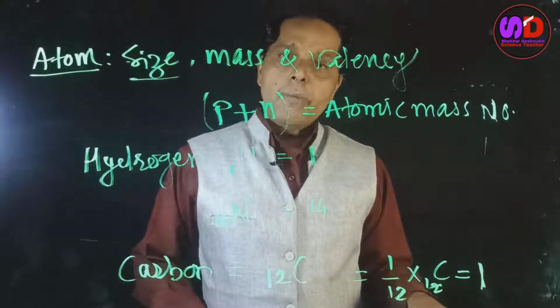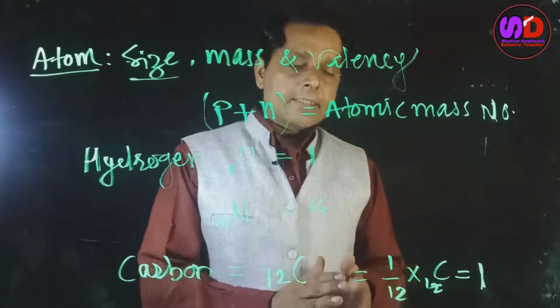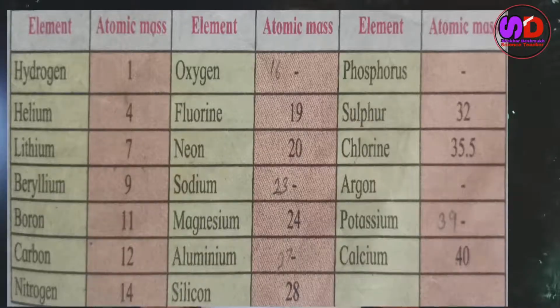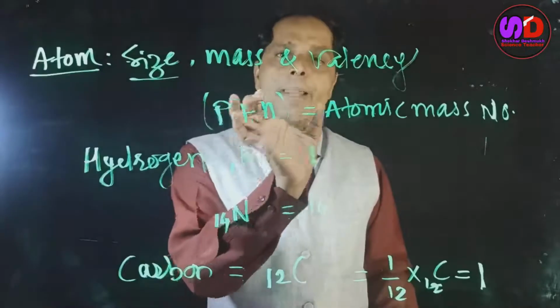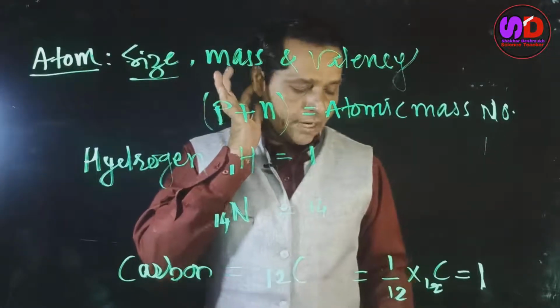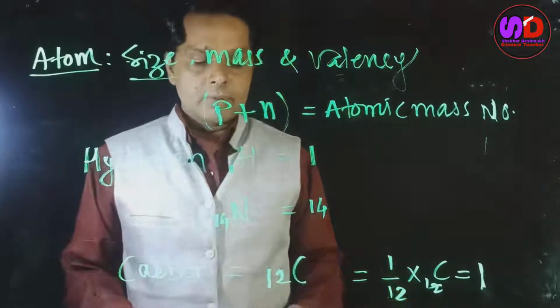The mass of many of the atoms is given in this table that you can see here, and in this table a few blank spaces are also given. You have to find out the relative mass of these atoms.